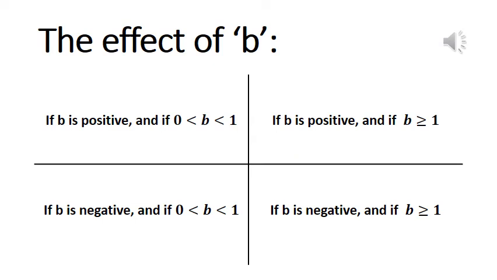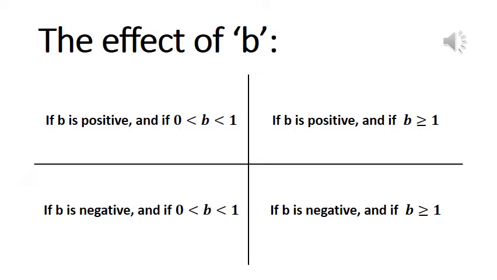Looking at the effect of b, you will see on the slide I have drawn a Cartesian plane. In your first quadrant, if your b value is positive and bigger than 1, your exponential graph will increase going into quadrant 1.